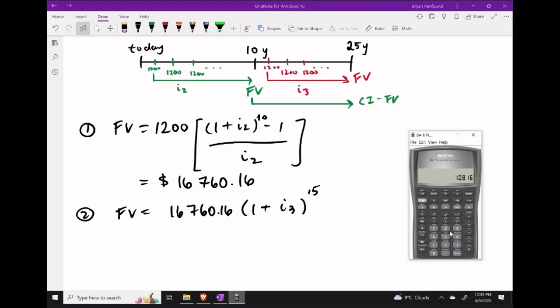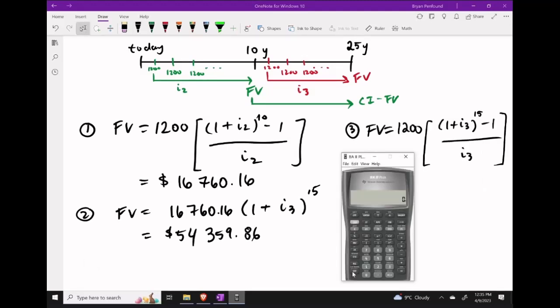And we're going to raise this to the power of 15 because since our I3 rate is an annual rate, we're going to be going through only 15 compound periods to get to the 25-year focal point. And this gives us a future value for the green payment stream of $54,359.86.